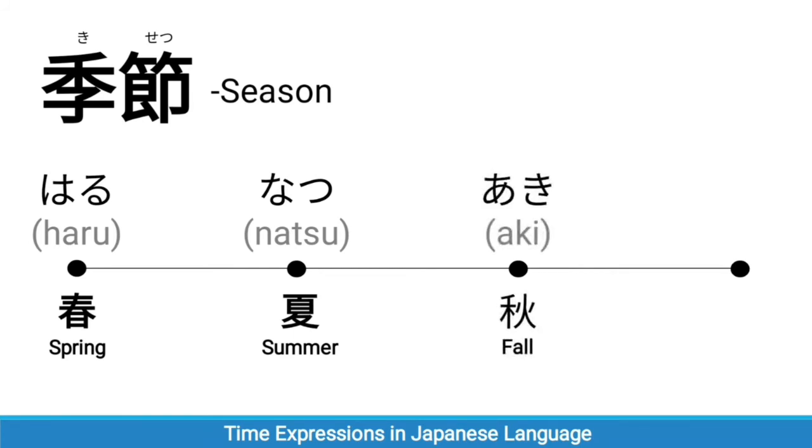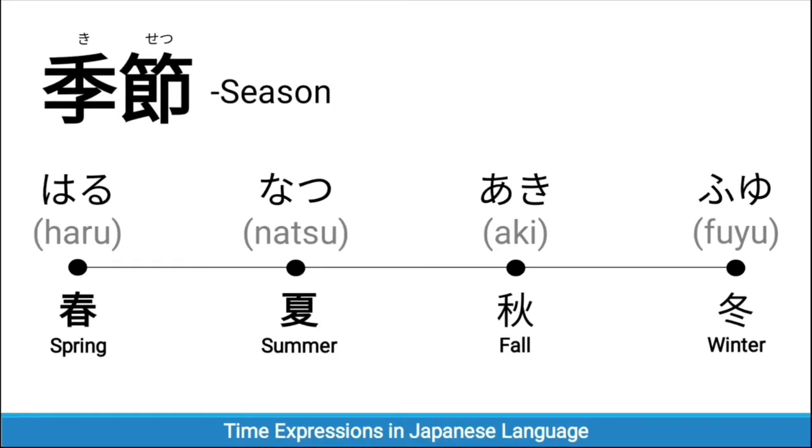After ng summer, we have fall, so aki. Sige, we have winter. Winter na after ng fall. So, fuyu. Okay? Provided na sa baba yung kanji ng every season.